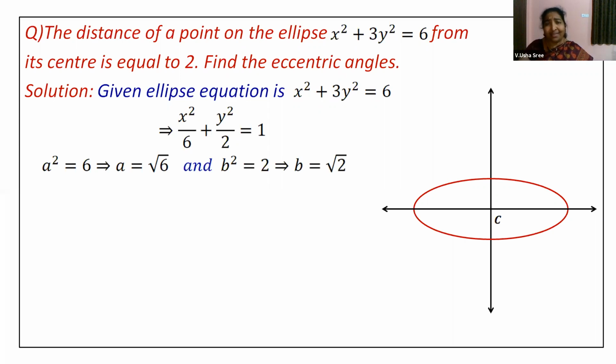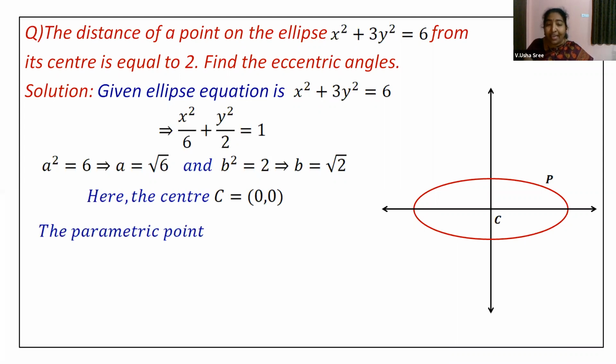Now, what is the center here, children? This is in the standard form, and of course, a square is greater than b square, a is greater than b. And you don't have the x minus h whole square form, so the center should be (0, 0) only. Therefore, we can conclude that the center is (0, 0). Now, just now we have seen the parametric form of the point on an ellipse, right?